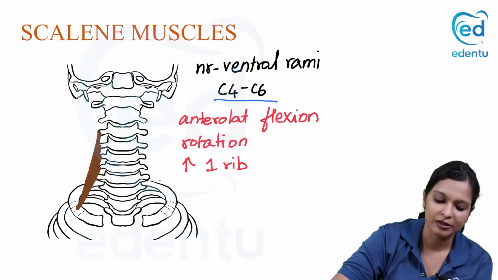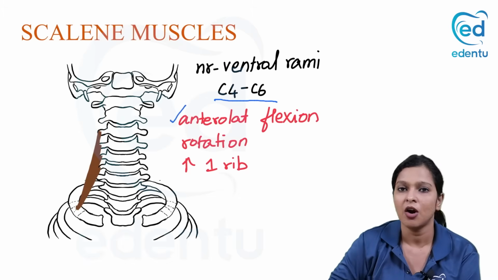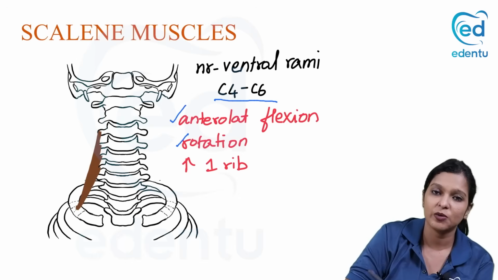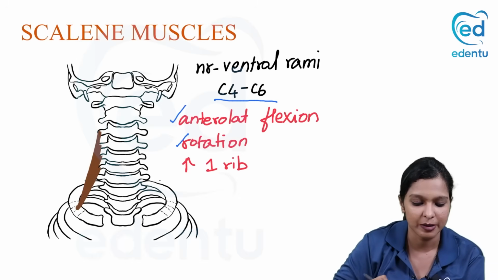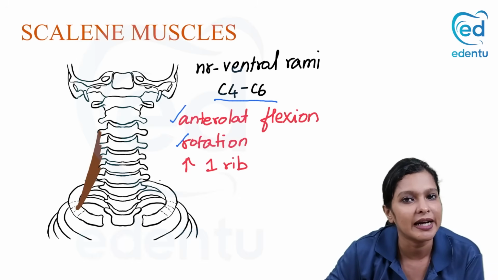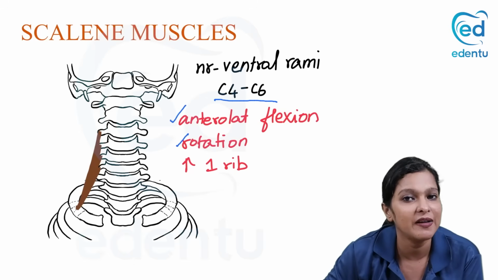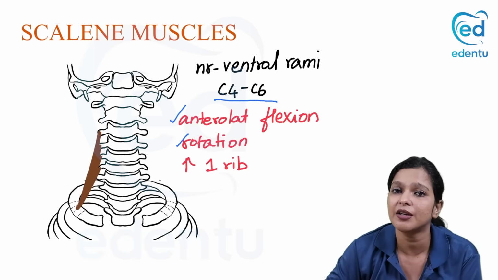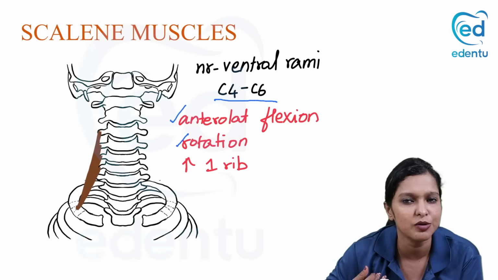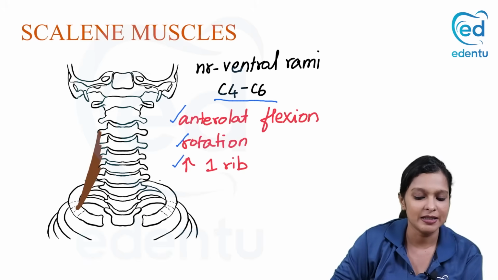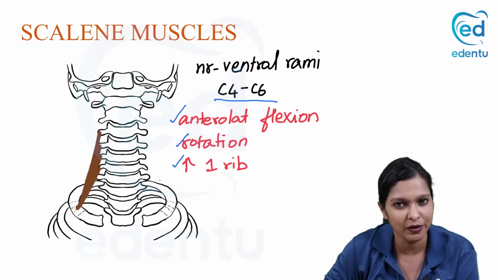So this muscle causes anterolateral flexion, also assists in rotation, and it will elevate the first rib. Remember, scalenus anterior and medius are attached to the first rib. Both the muscles will elevate the first rib. The posterior alone is attached to the second rib, so that will elevate the second rib.